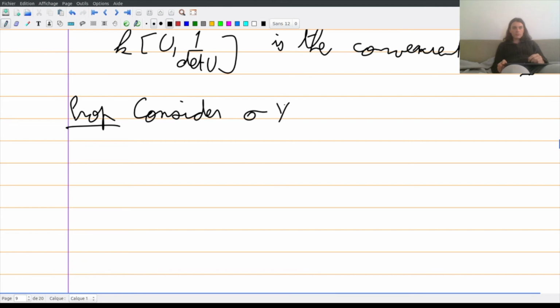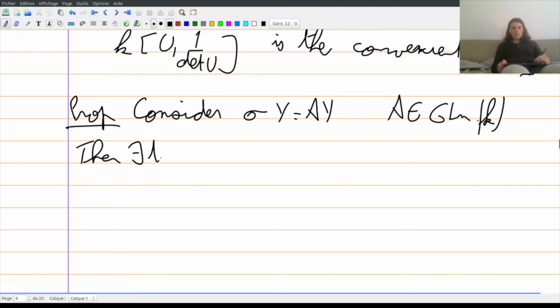So I consider sigma of y equals Ay, where A belongs to GLn over k.